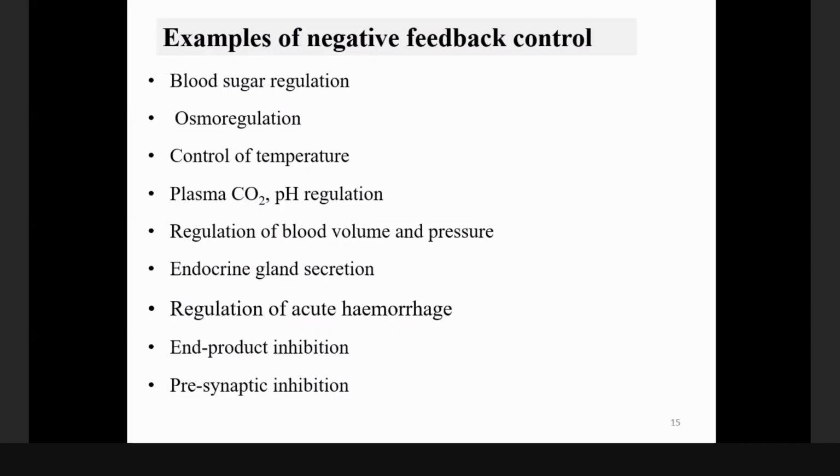So these are the list of parameters in the body regulated by the negative feedback homeostasis control system. You should know that. For instance, if you are asked which of the following parameters in the body are regulated by the negative feedback homeostasis control system, you should list them down.